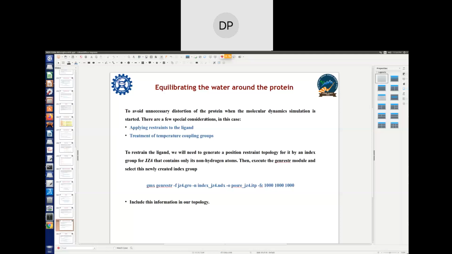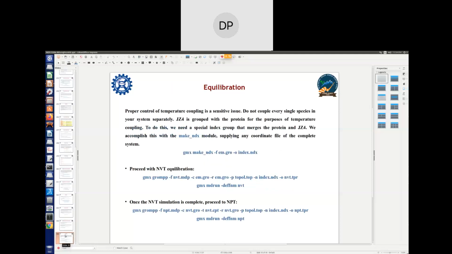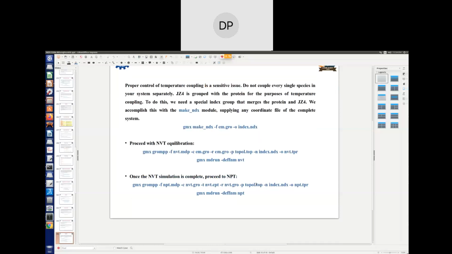That's why we need to apply this equilibration, based on different ensembles like NVT, NPT simulation, isochoric, isobaric, and we need to perform this simulation for a particular time duration. At that time, whatever water molecules or solvent are nearby, surrounding in the box, will be properly soaked.